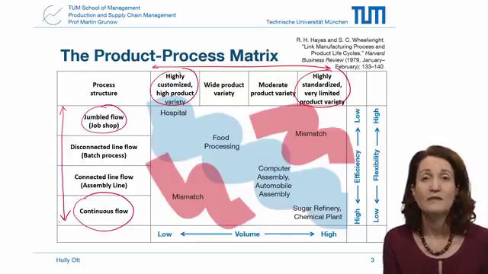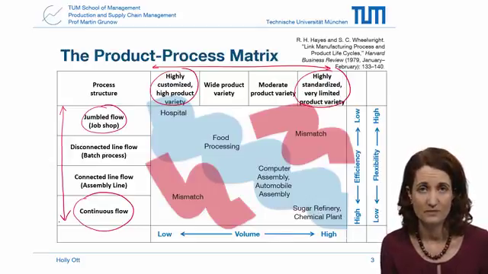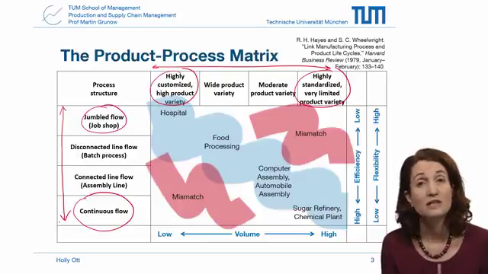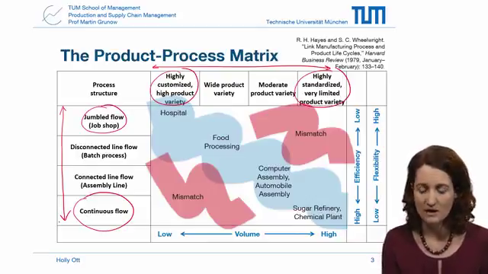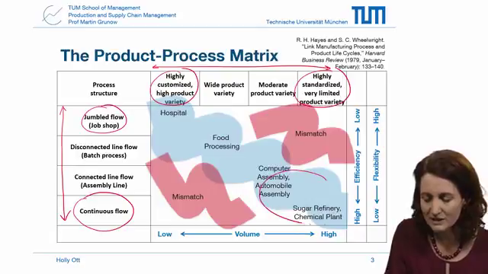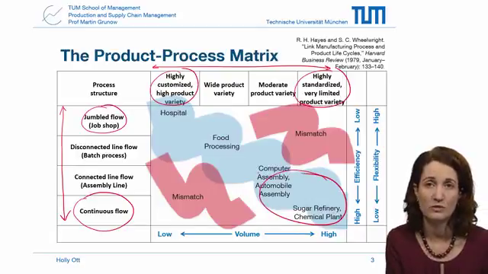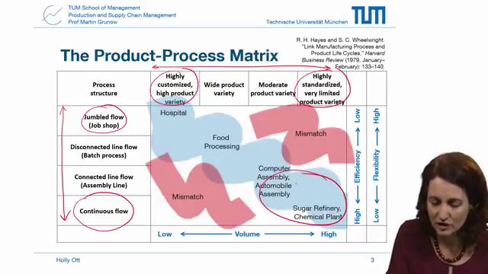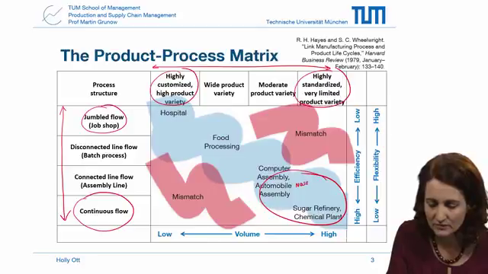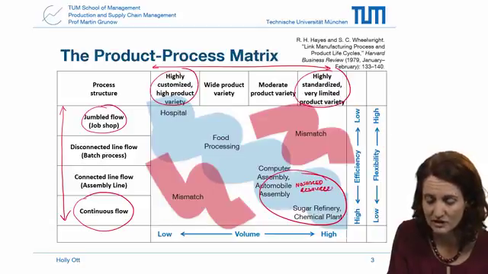Now, when we think of lean production, and indeed a lot of the literature and the courses on lean, we are focused here in this lower right corner. Here we have no shared resources. There are no batches or limited batches.